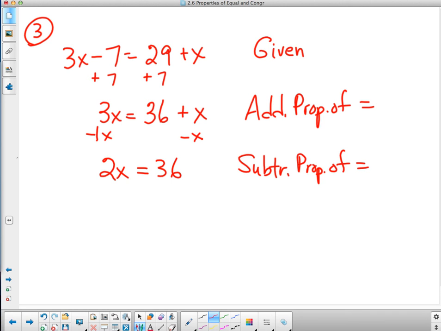And one more step, divide by 2. And so we get x equals 18, supported by division property of equality. Now the two I skipped over had a multiplication property of equality in them as the solving, instead of just division.